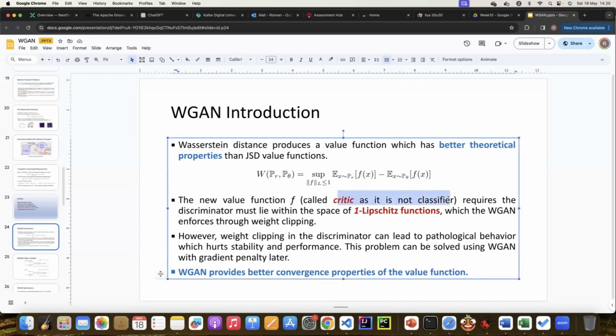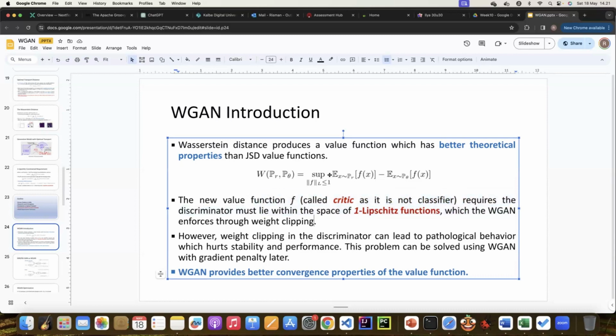In previous GANs, we called it the discriminator network. But in Wasserstein GAN, we call it the critic function. Some people still use discriminator, not critic function, but in the original paper of Wasserstein GAN, it changed to critic function.